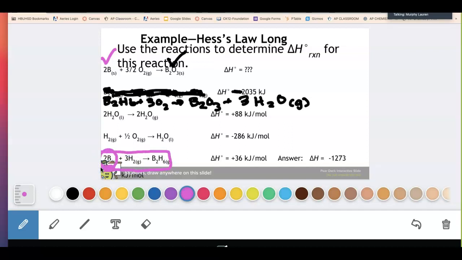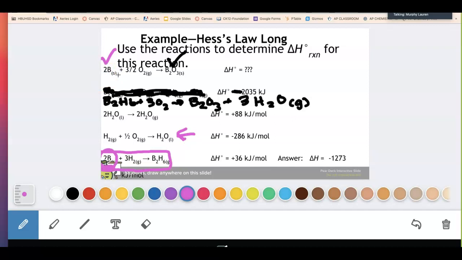There are many different ways to go about this right now. There's not a correct order, okay? What I'm going to do right now is mess with the hydrogens because I don't have hydrogen up here, and so I need them to cancel. The only way I can get them to cancel is by flipping this reaction backwards and multiplying it by 3. The reason it's this one I have to flip is that if I flip the bottom one backwards to make the hydrogens cancel, I don't have boron on the left side anymore.